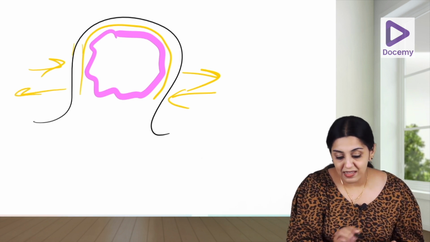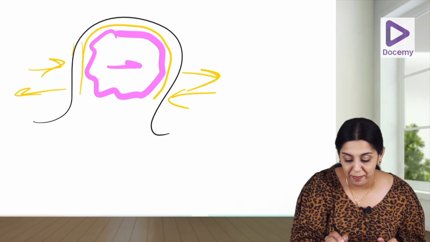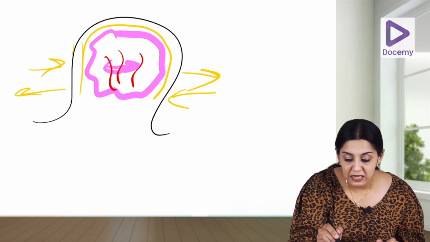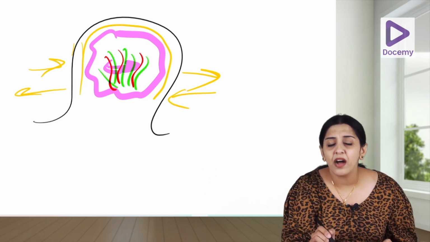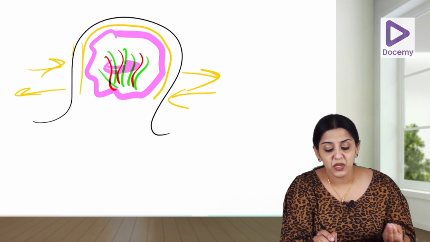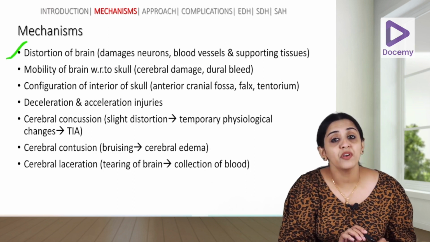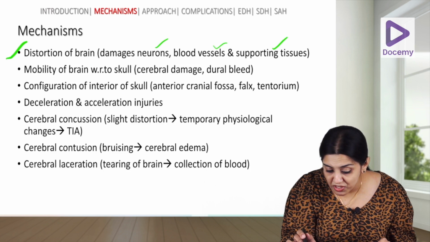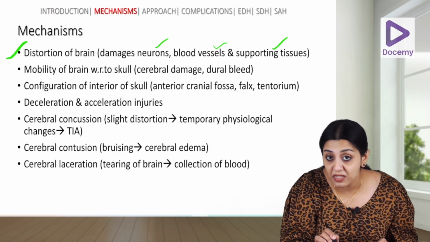The scalp and the skull may remain as they are, but when the brain shakes, what will happen? There are small vessels as well as nerves within the brain. All these structures are very delicate and can get injured. So the first mechanism is distortion of the brain, leading to damage to the neurons, blood vessels, as well as supporting tissues.